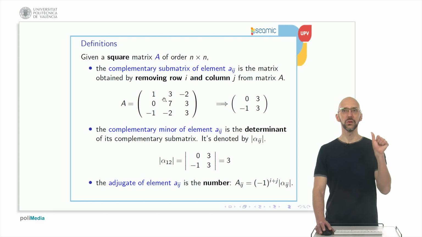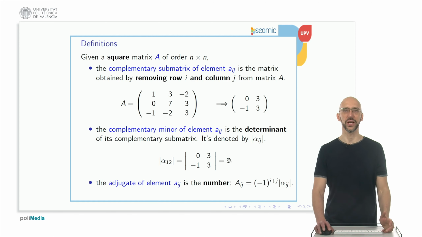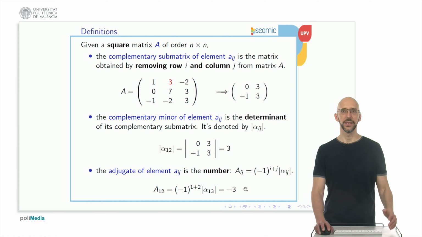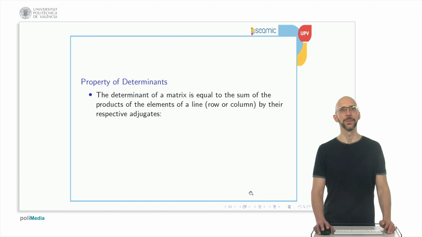It is first row, row 1, and second column, so 1, 2. In this case 1 plus 2 is 3, negative 1 to the power of 3 is negative 1. So it's going to be negative 3 because I obtained the determinant previously. Okay, so this is the value. Sorry, I was calculating it just in advance. So 1, 2 is the position of 3, so it's negative 1 to the power of 3 and negative 3.